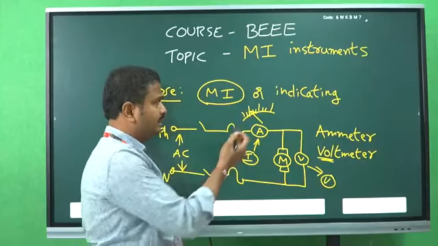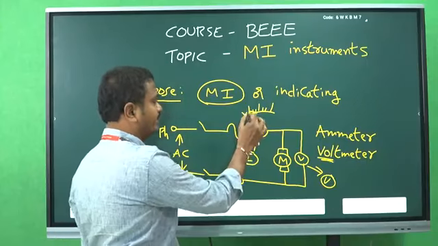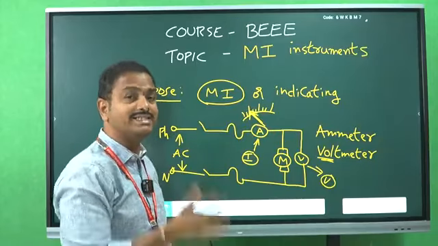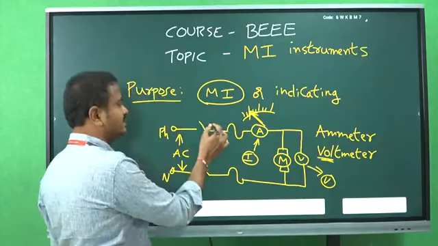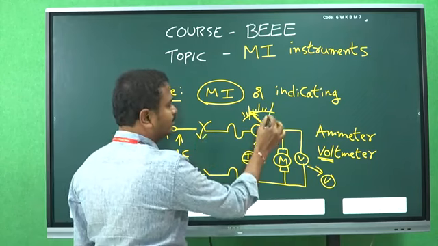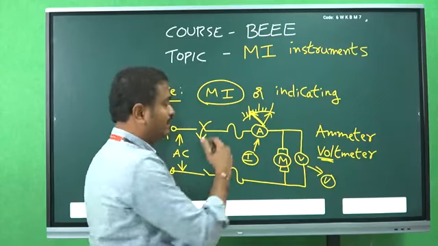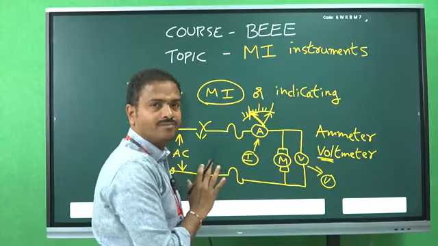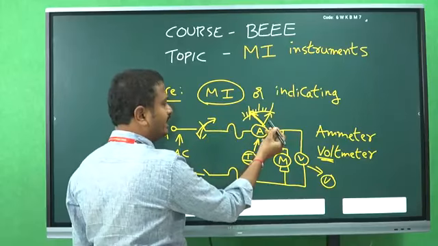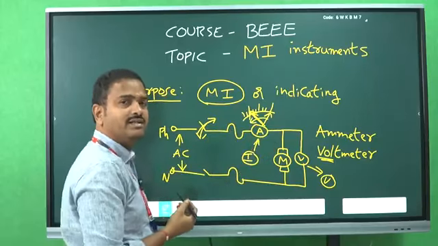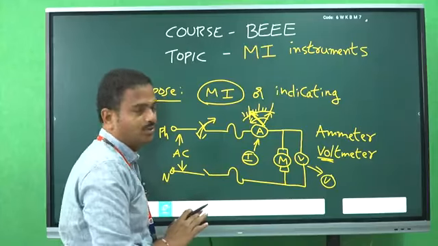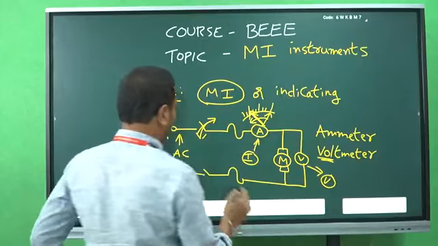These indicating instruments use a pointer which moves on a calibrated scale to represent the value instantaneously. That means if the switch is closed, that means the supply is switched on, then only the pointer indicates the instantaneous value in the circuit. Whenever the switch is turned off, immediately the pointer moves back to zero. Clear? So indicating instruments only indicate the instantaneous values, not previous outputs. Right. So this is the purpose.